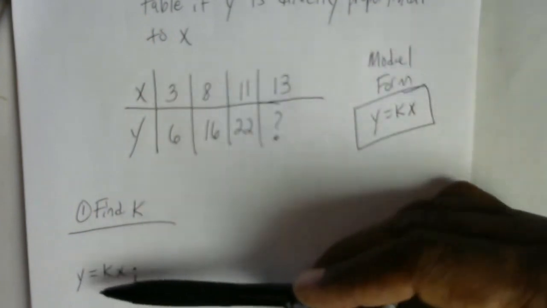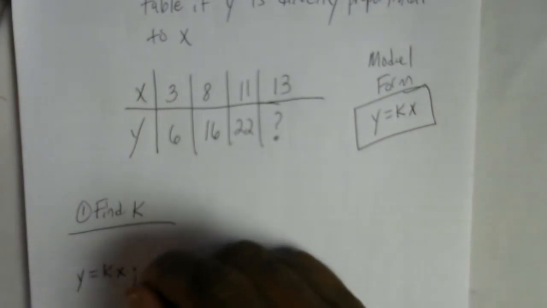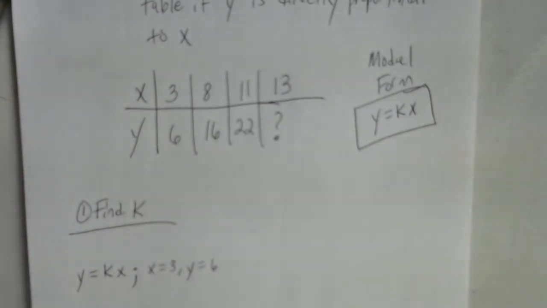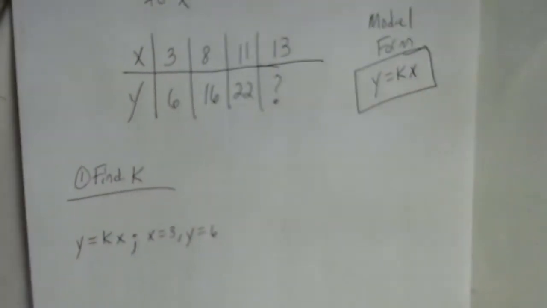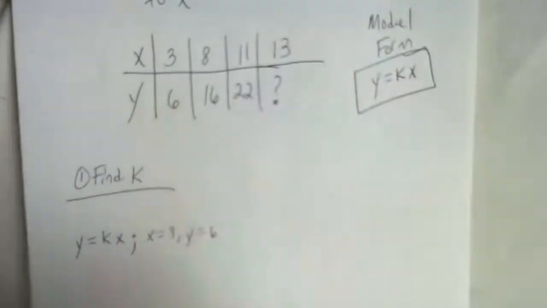So I'm going to take this model form, y is equal to k times x, and substitute 3 for x and 6 for y. I simply pull those values from my table.